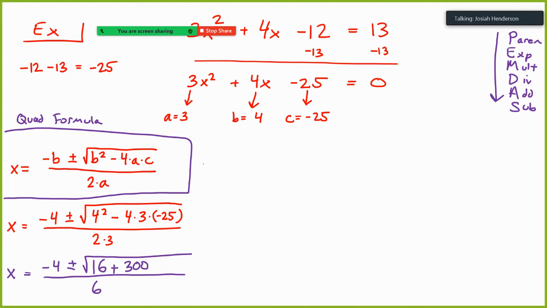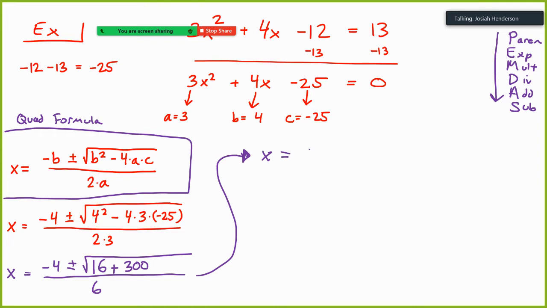If there are 2 negatives, it's going to turn positive. If there's a single negative or 3 negatives, it'll stay negative. Anytime you've got negative times a negative, it becomes positive. So now, reading the whole deal, -4 plus or minus the square root of 16 plus 300, all over 6. Okay, continuing right here.